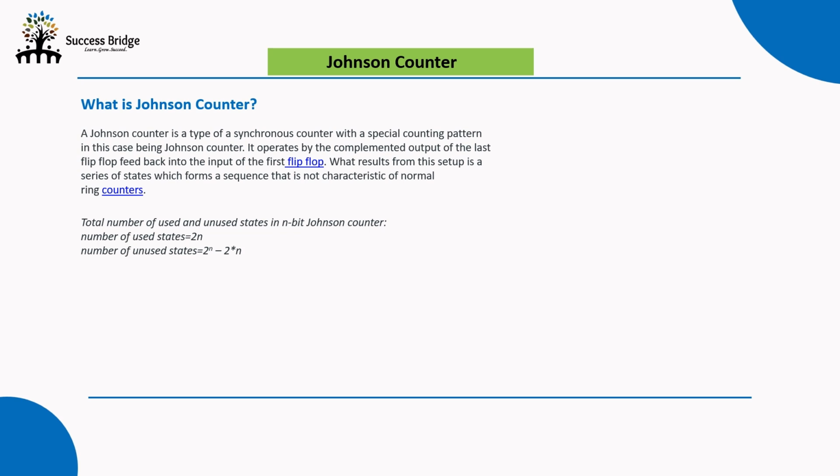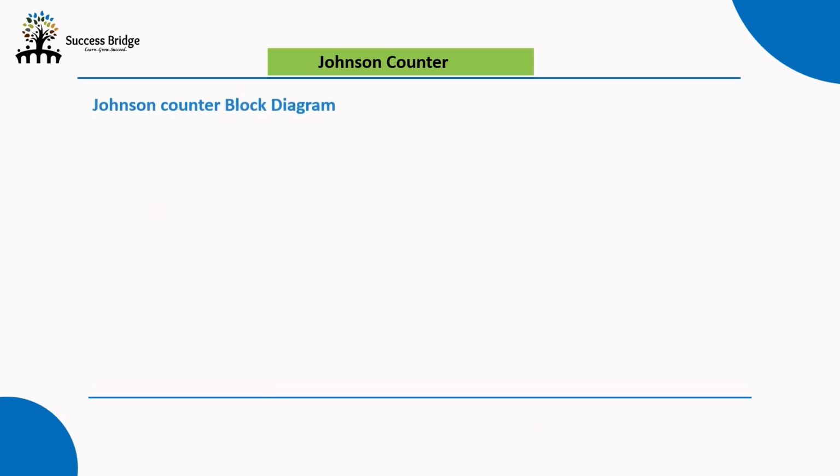Let's take an example of this Johnson's counter. If we consider a 4-bit Johnson's counter, suppose all the flip-flops are in the 0 state, meaning they are in 0 0 0 0 form.